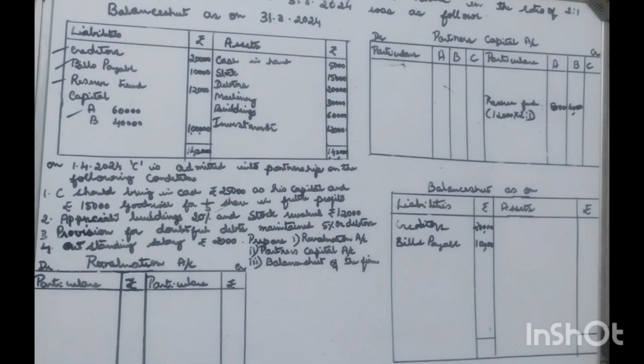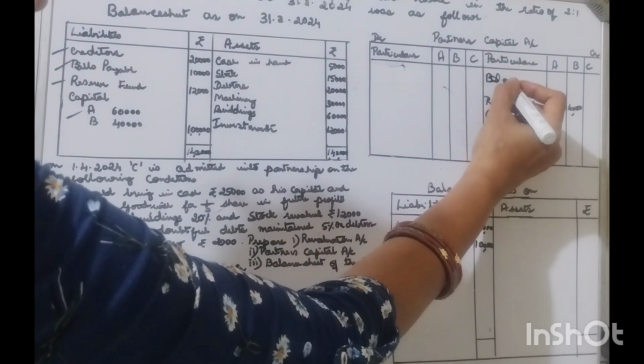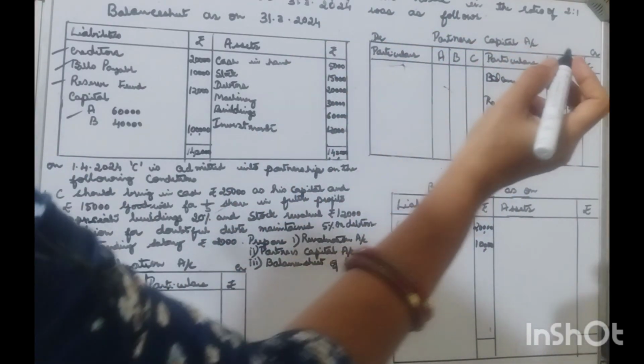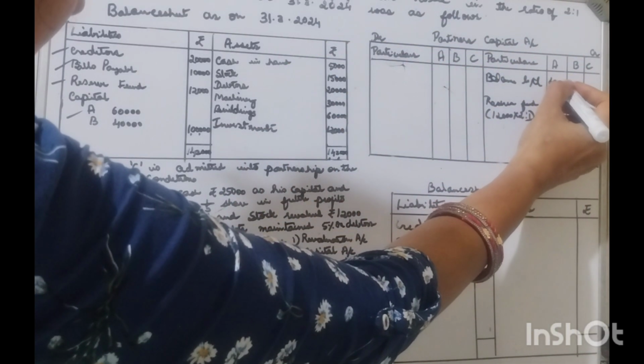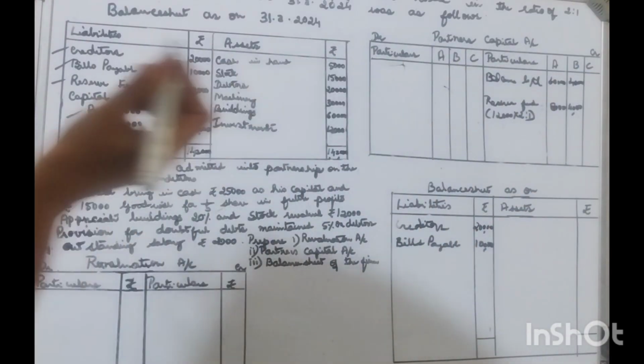A and B are the old partners, and only old partners are entitled to the share of reserve fund, which has to be distributed in their old ratio. The two partners' capitals given have to be recorded as balance brought down. A's capital is given as 60,000 and B's capital is given as 40,000.